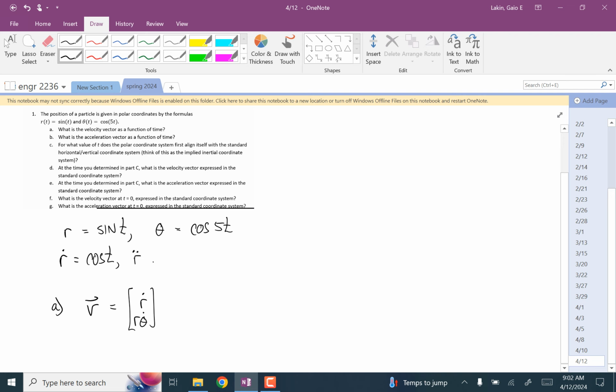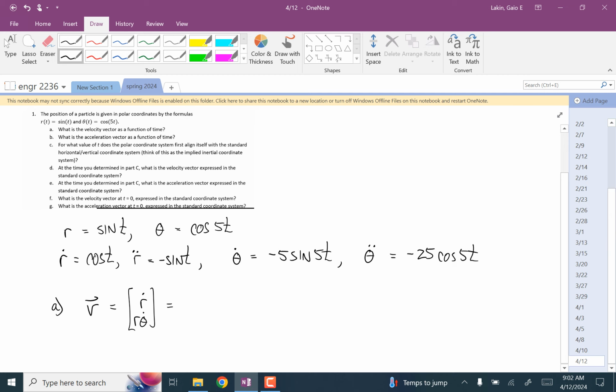R double dot is negative sine of t. Theta dot is negative 5 sine 5t. Theta double dot is negative 25 cosine of 5t.